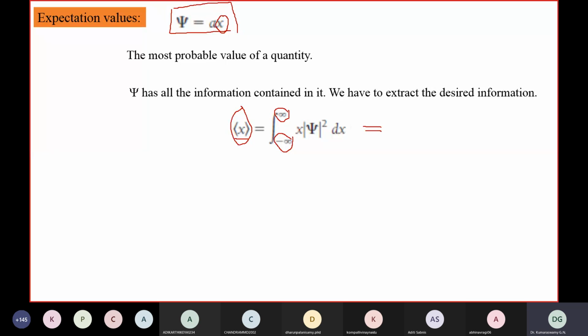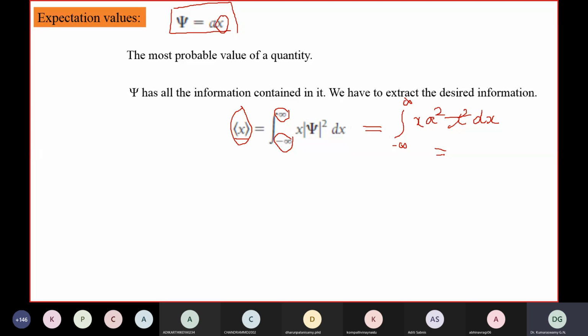If you further continue, what you will get? I'll just write it down. Minus infinity to plus infinity, x into, what is mod psi square? Mod psi square is A square x square dx. So this you get.